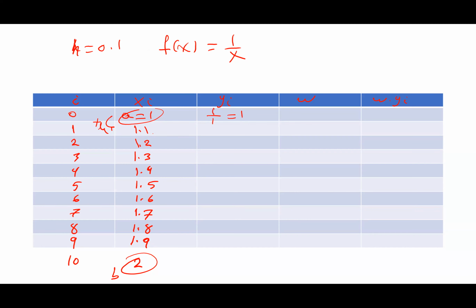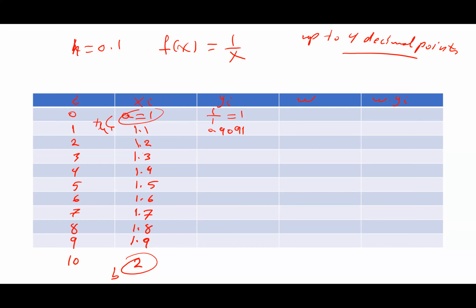1 divided by 1.1 will be 0.9091. Find up to 4 decimal points. Just only 4 digits after the decimal point.